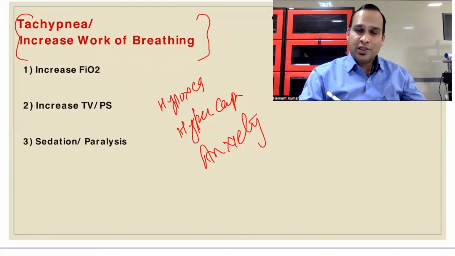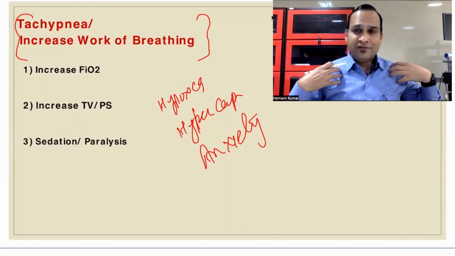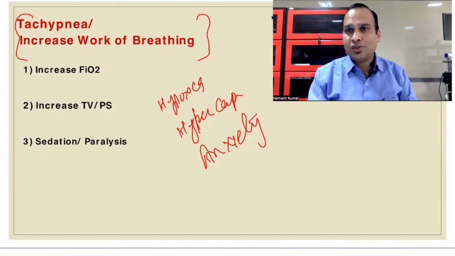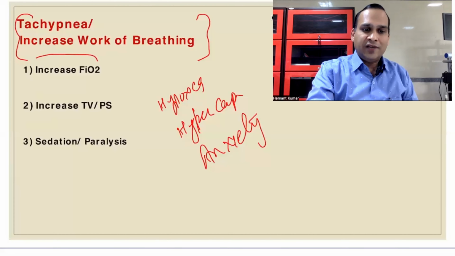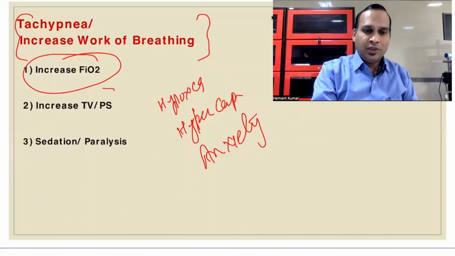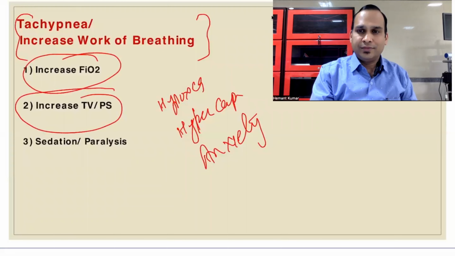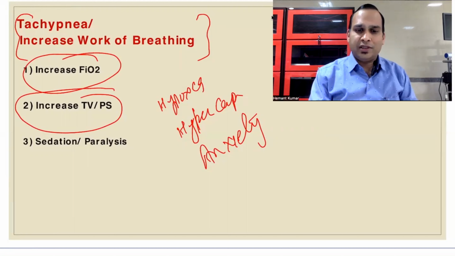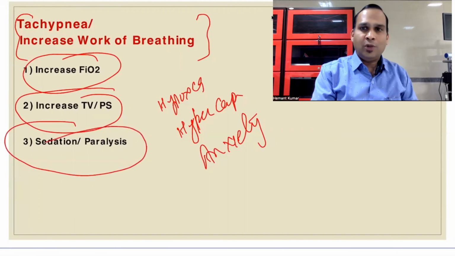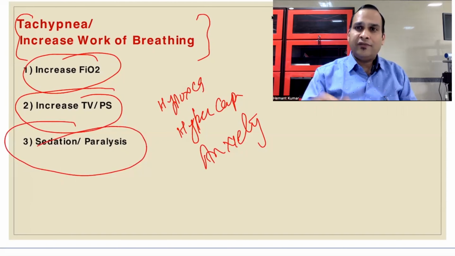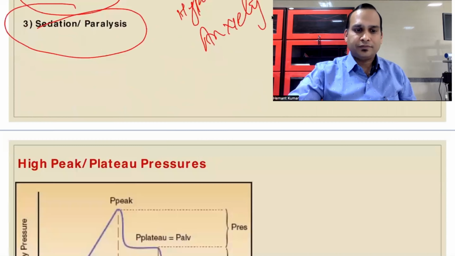If there is hypoxia, the patient's accessory muscles will come into action to increase oxygen saturation, so you have to increase FiO2. If the patient is hypercapnic, then you have to increase tidal volume or pressure support. And if the patient still has more work of breathing, then we have to give sedation or a paralytic agent like midazolam, fentanyl, vecuronium, etc. So these are the methods to reduce work of breathing.